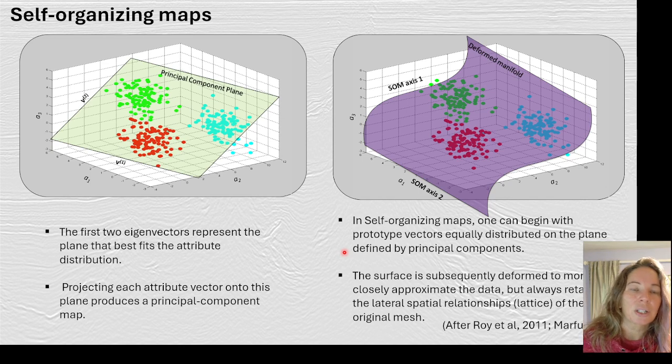Okay, so self-organizing maps is a method that's been around for, I think we're getting close to 50 years or so. What it does is it tries to go from a linear plane to a deformed manifold to fit the data. In this case, it can be used as both a data reduction technique, and some people call it an unsupervised classification technique also.